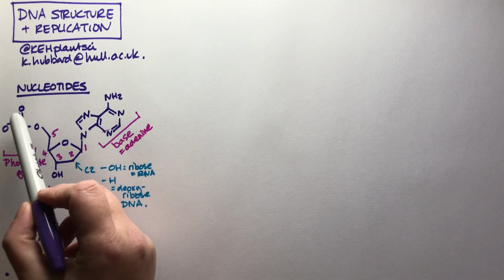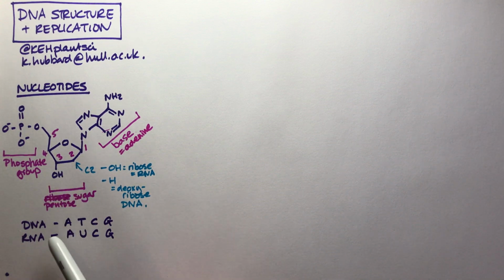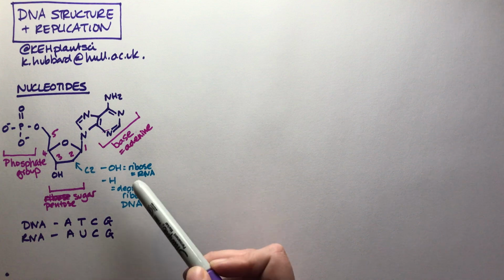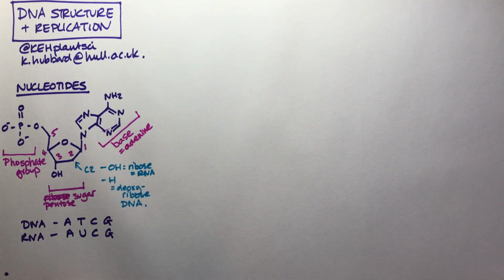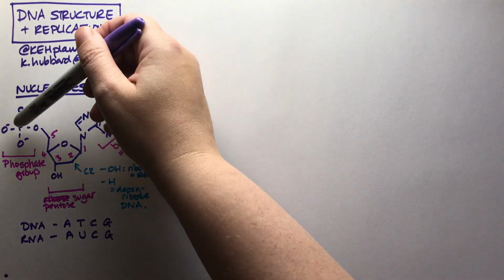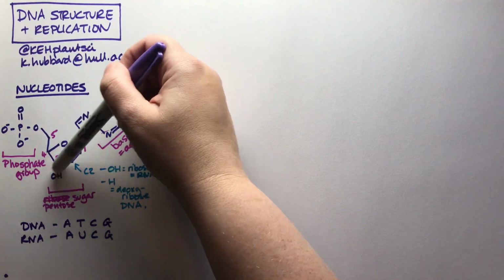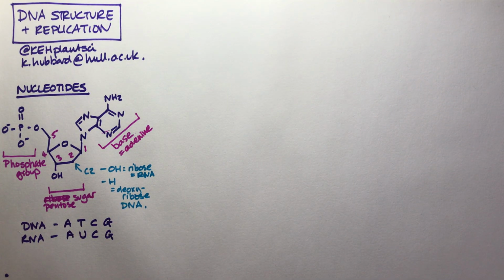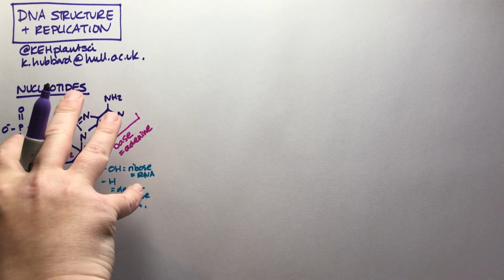For all of these, the phosphate and the sugar stay the same. Obviously, whether it's got that OH or an H on there determines whether it's RNA or DNA. It's just the base bit that differs between those A's, T's, C's and G's. So the sugar and the phosphate are constant, the base varies. Okay, so that's what DNA is made up of at the biochemical level.